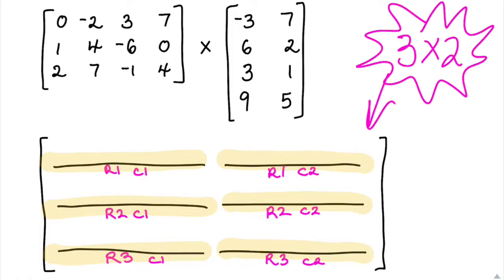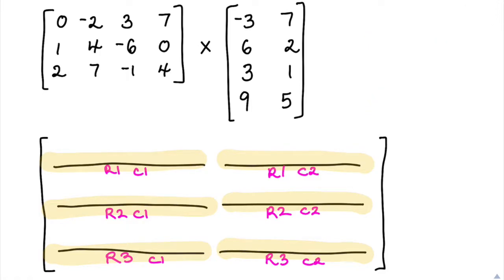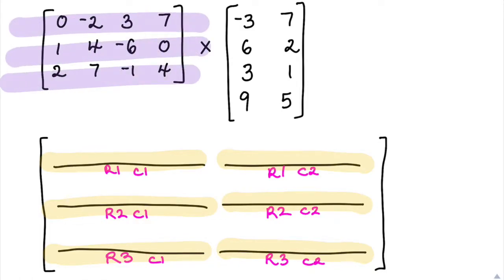I also write abbreviations into my matrix. R1, C1 is the element in row 1, column 1. R2, C2 is where the element in row 2, column 2 will sit, and so on. It's very important that you are aware that we only focus on the rows in the first matrix and only the columns in the second matrix.